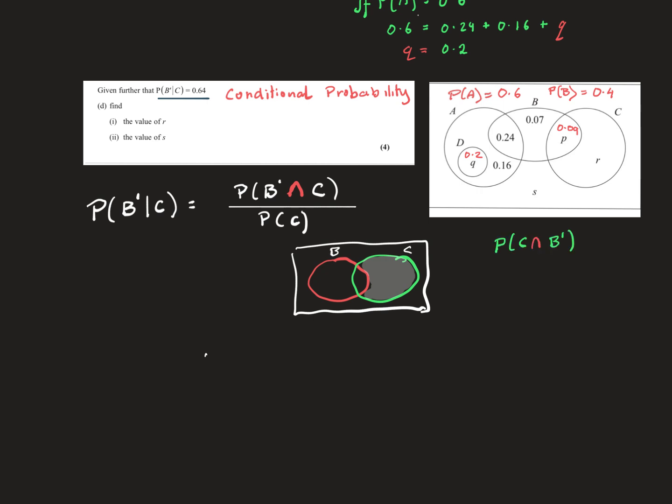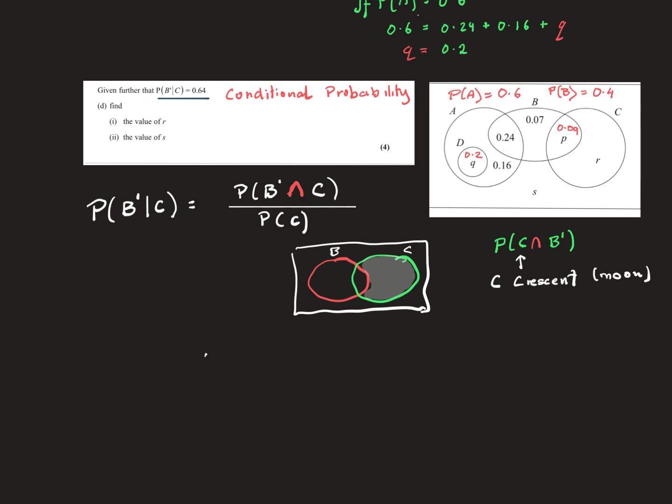What would be the intersection of C and B complement? If you said the C crescent, you would be right. It's hard to write crescent, so I might just call it the moon.